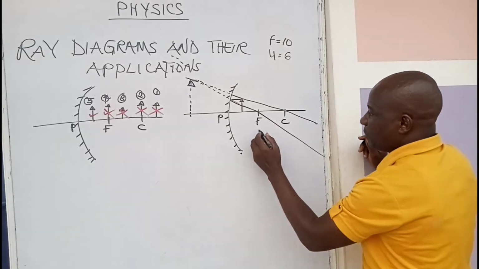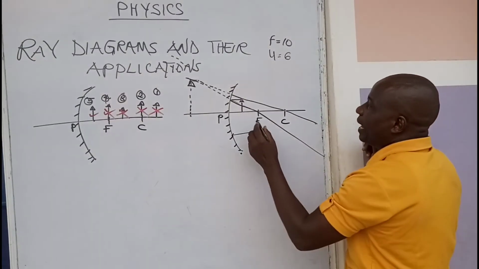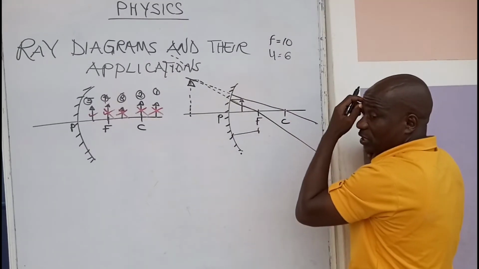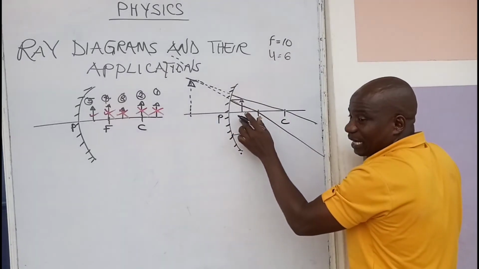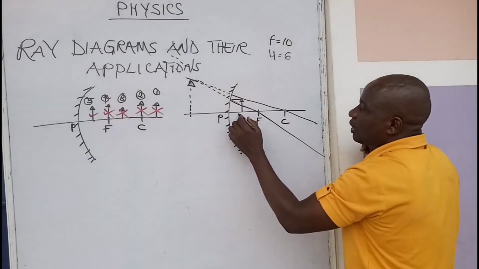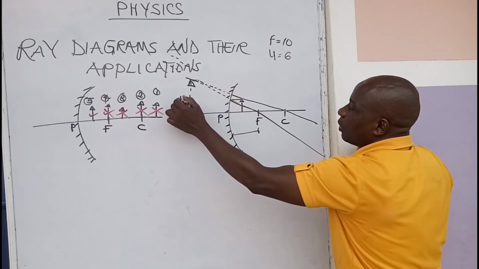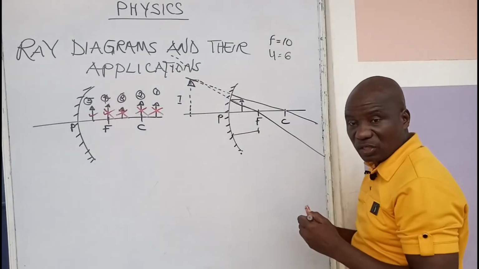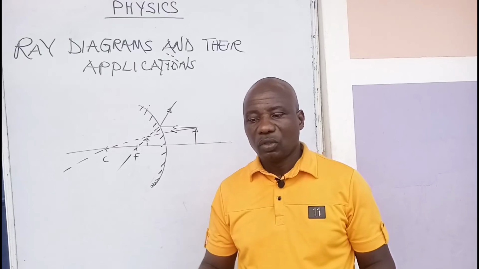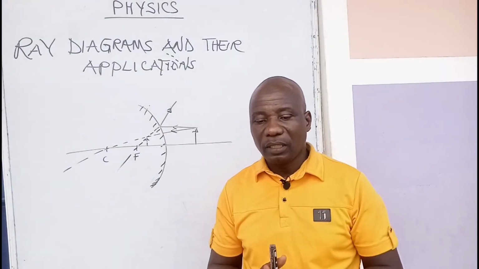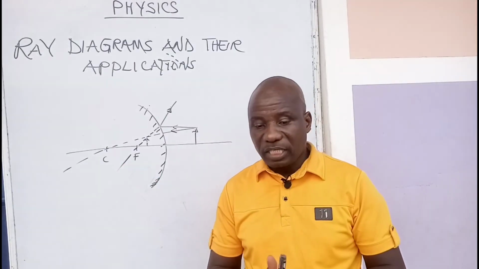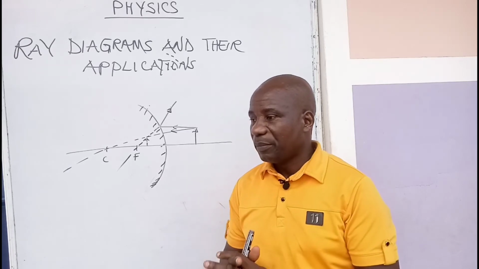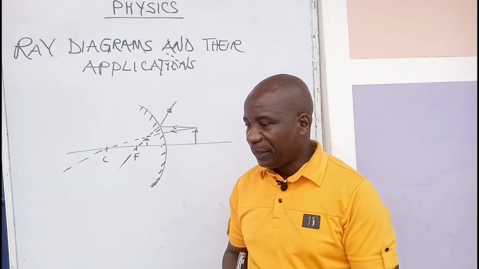From here to here is 10. And the object is now placed at 6 centimeters, so it means less than this. Definitely it is going to form what? A virtual image. Is that understood? Now, we have successfully completed the nature of images formed by a concave mirror.